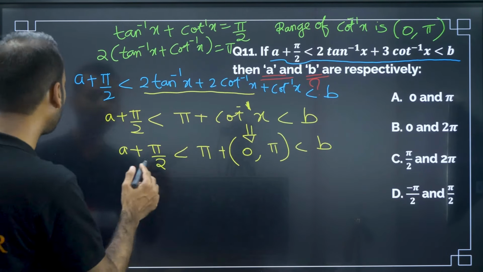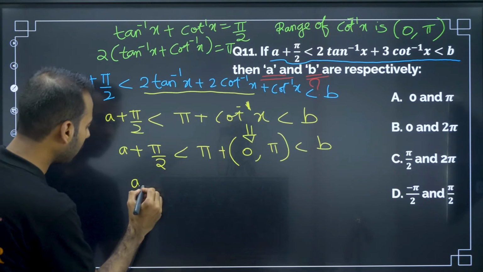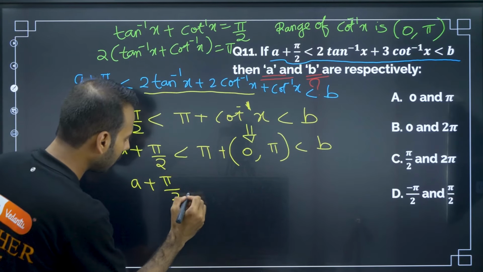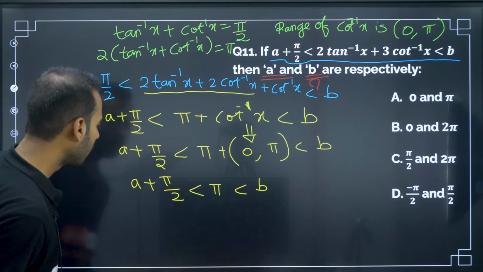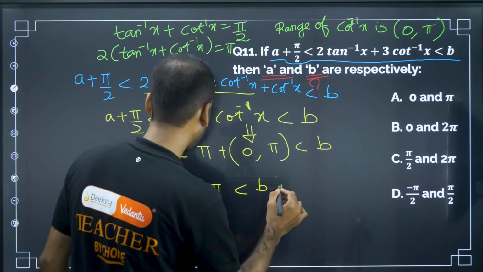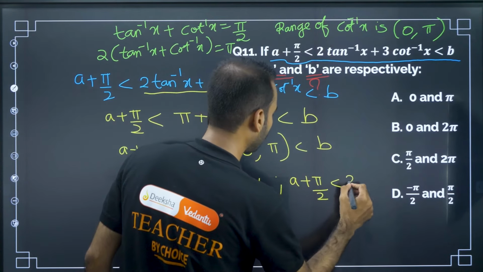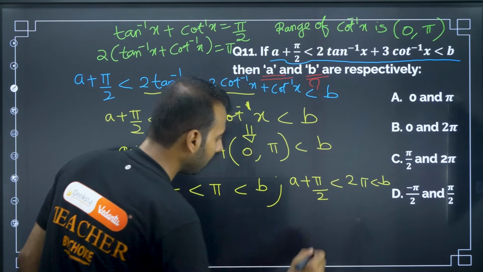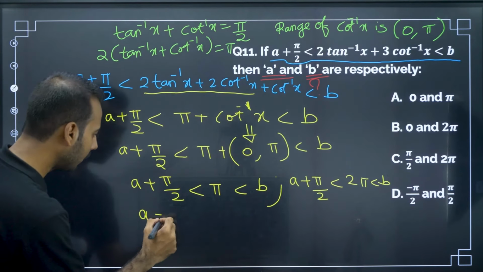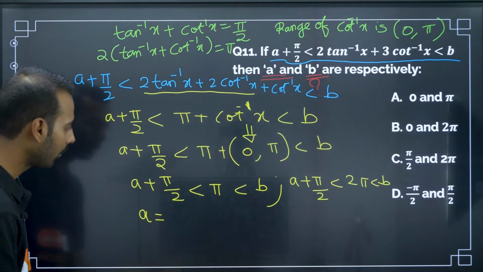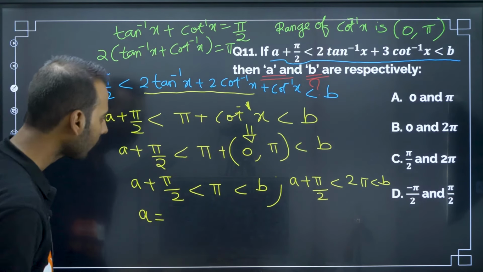Now if you go for further simplification, a plus pi by 2 less than pi less than b, which can be written as a plus pi by 2 less than 2 pi less than b. In place of a plus pi by 2, this goes from pi to 2 pi.